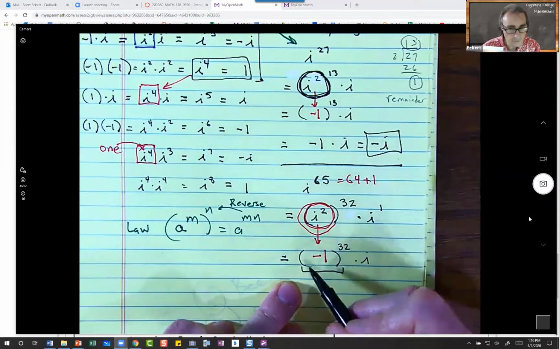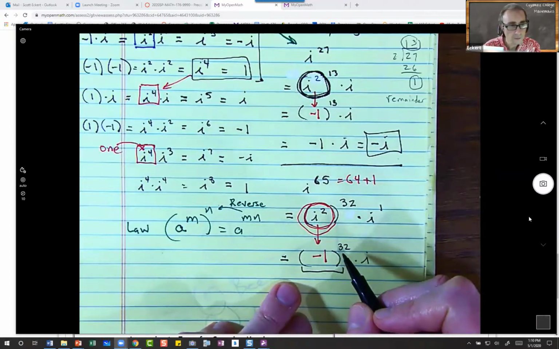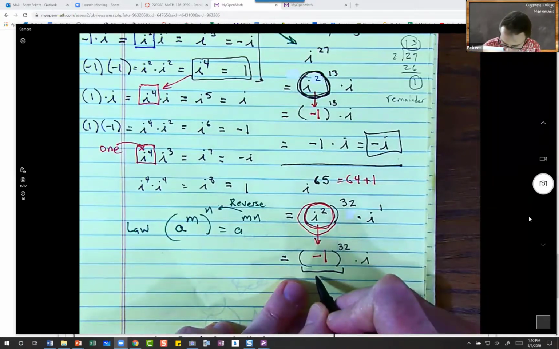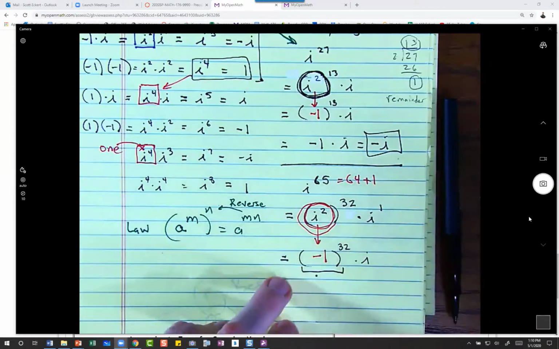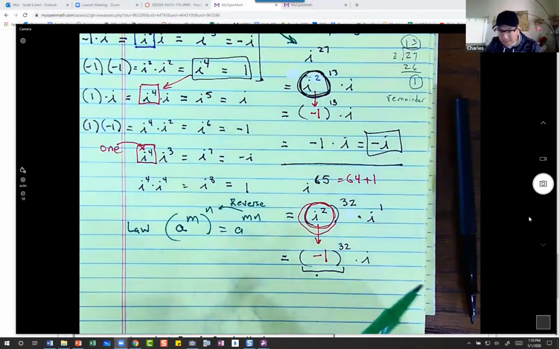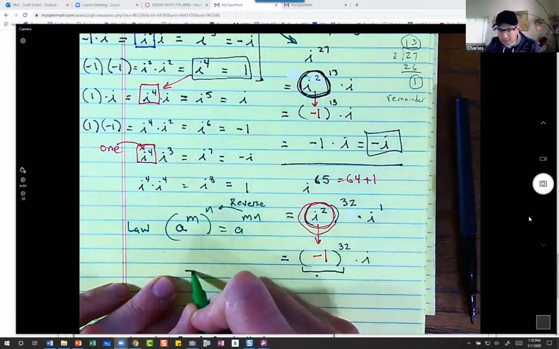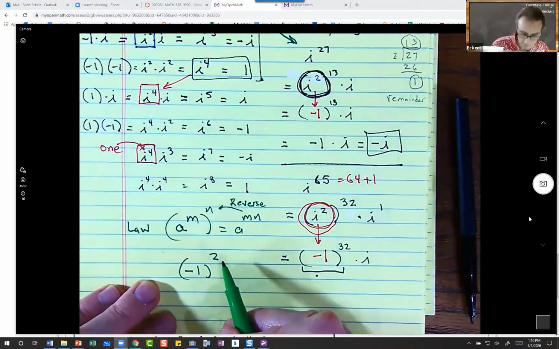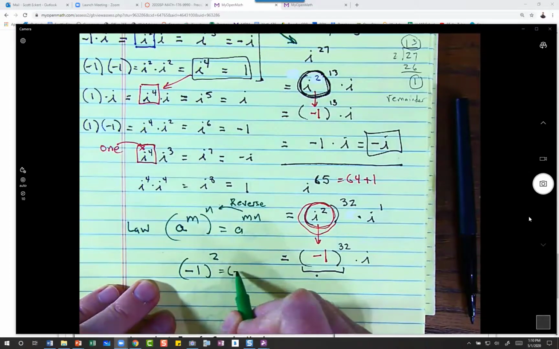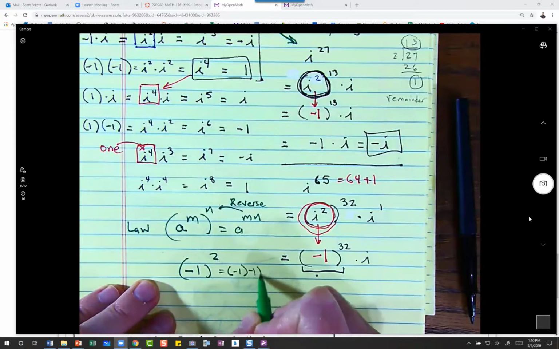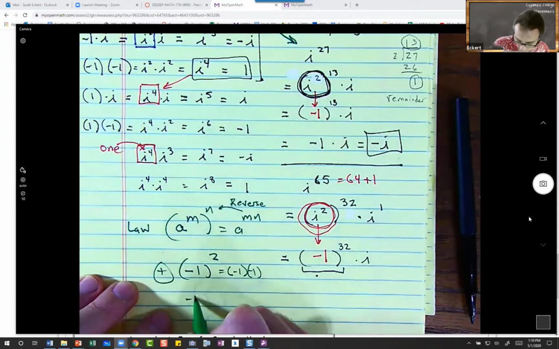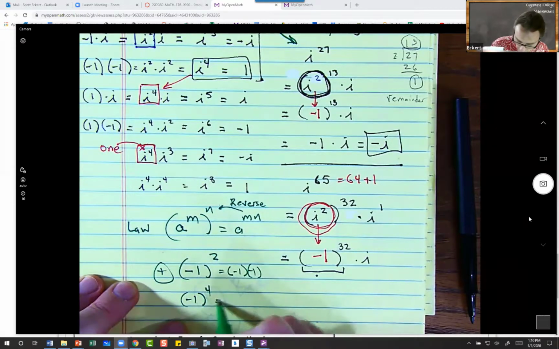A negative with an even power. What is a negative with an even power going to have to be? Positive. Well, what if you have a negative to a second power? That's positive. Right. A negative times a negative will be positive. What if you have a negative to a fourth power?